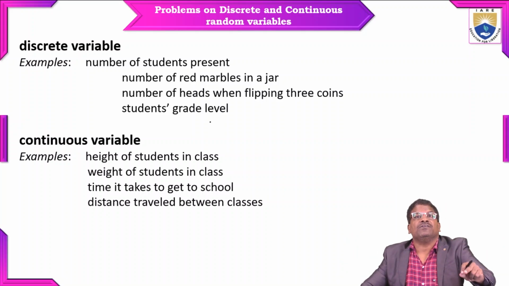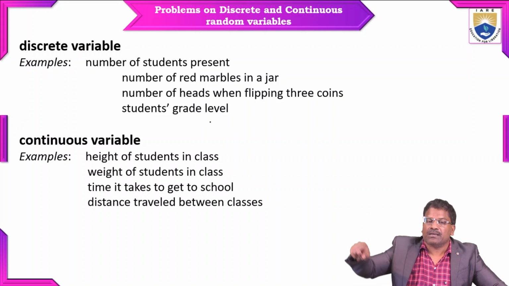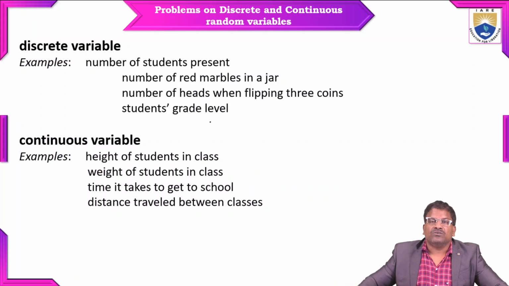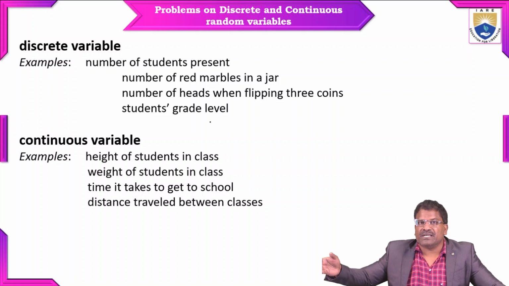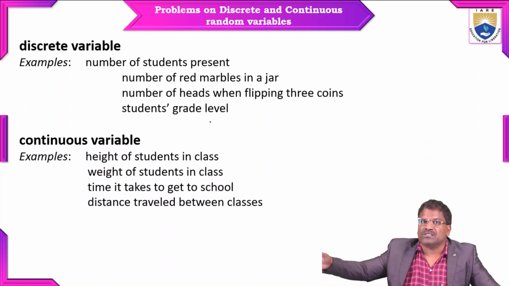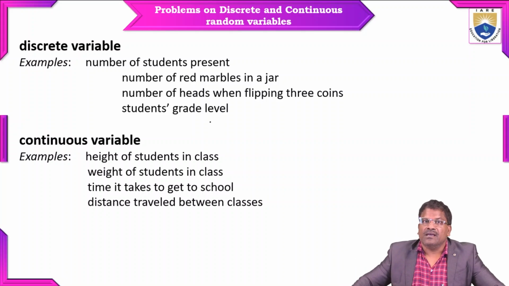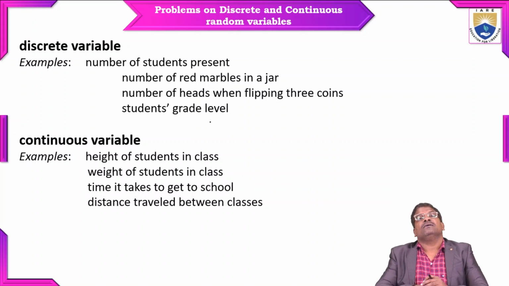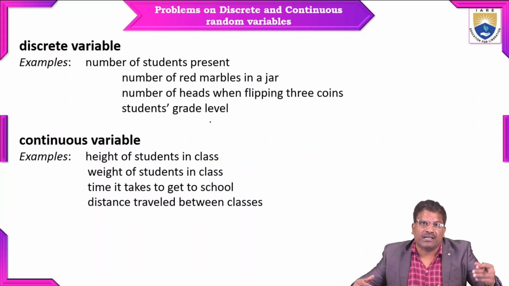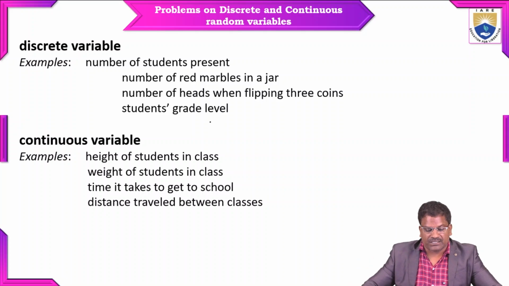That is what continuous means. Likewise the time it takes to get to school: some students may go at 9 o'clock, some at 9:30, some school students may go at 10 o'clock, university students at 10 o'clock, engineering college students at 9 o'clock. So it depends upon some interval or range. That's why it is a good example for a continuous variable.